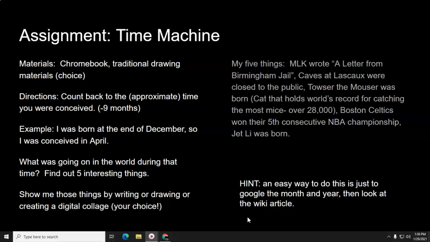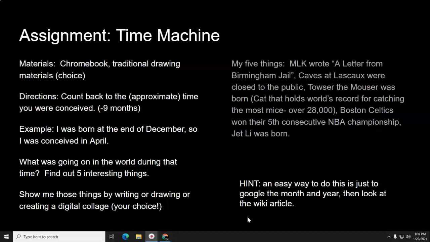So once you have that month, then I want you to find out 5 interesting things that were happening in the world during that month, and then show them to me. You can either just write about it like I did in the example, or you could draw it if you're feeling artistic, or you could do a digital collage if you want to do that, and you could do the pictures on a slide or however you choose.